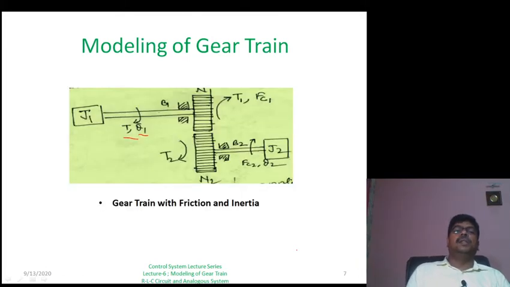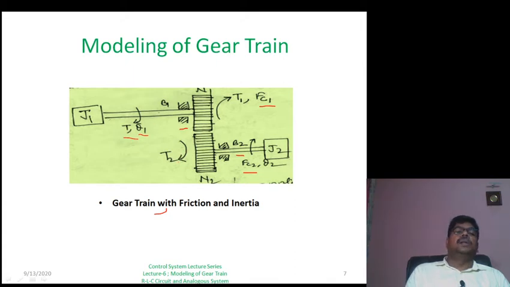In this gear train model, you can see the viscous friction is B1 for gear 1, Coulomb friction Fc1 is for gear 1, viscous friction B2 is for gear 2, Coulomb friction Fc2. Here the movement will be in this direction, theta 2, and this is the torque developed in this direction.